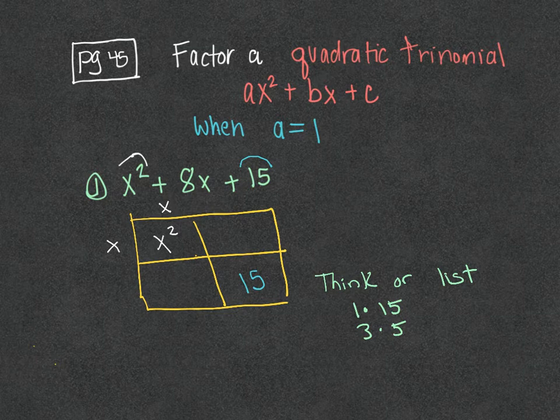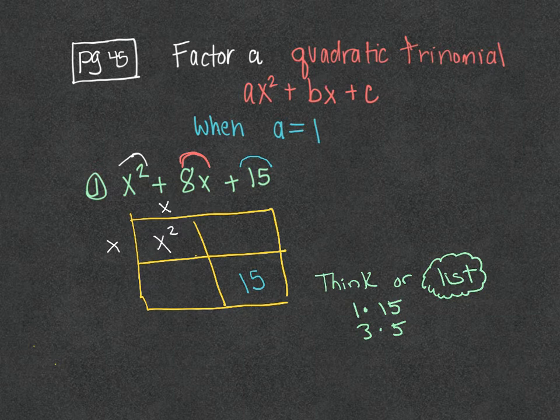Sometimes when there's just two sets of factors, thinking might be okay, but for most problems we are going to want to list out these factors. Because I want to select a set of factors so that when I combine them, they're going to create this middle term right here, which is 8x.